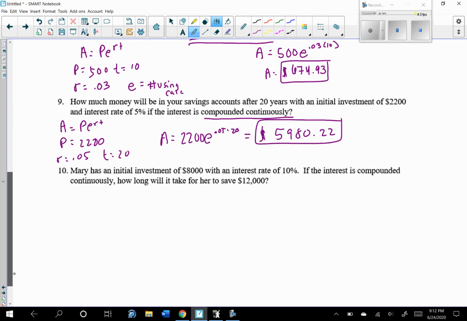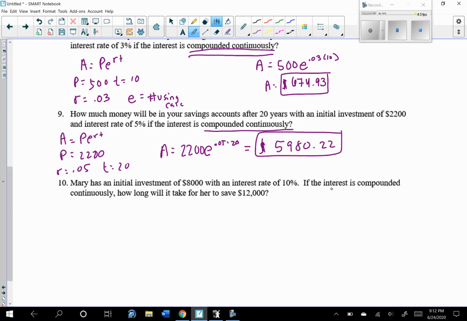All right, last problem. Mary has an initial investment of $8,000 with an interest rate of 10%. If the interest is compounded continuously, how long, is the question, will it take for her to save $12,000? So again, A equals PE to the RT power because of those key words. A is equal to 12,000.